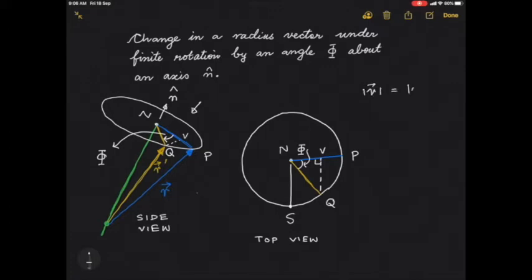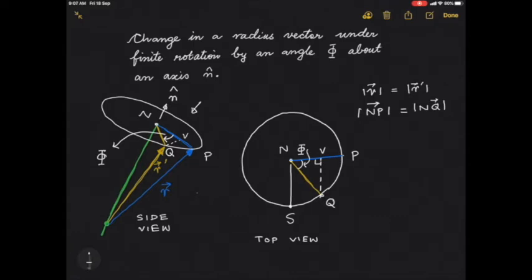So let's see few things here. First, you realize that modulus of vector r is same as modulus of vector r prime, which we know is supposed to be because of rotation. So NP, which is the vector r, modulus is. So I'm writing the vectors this way.